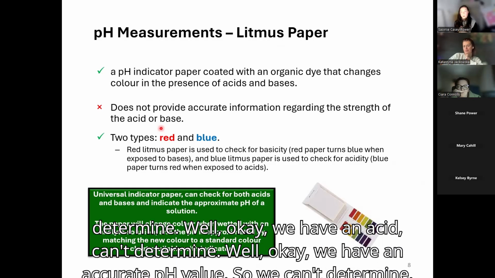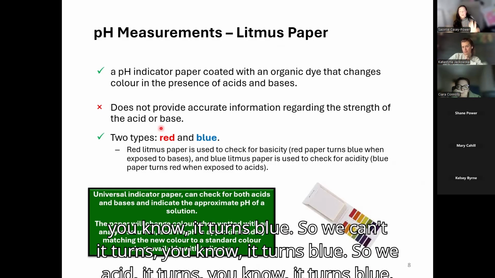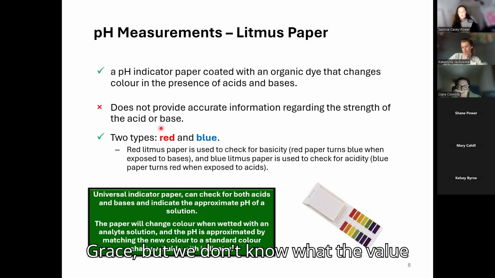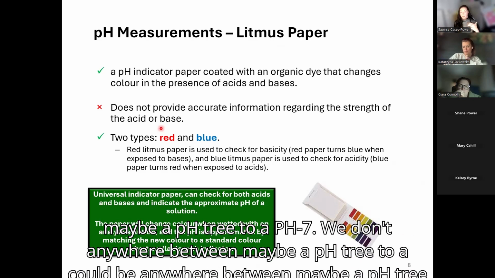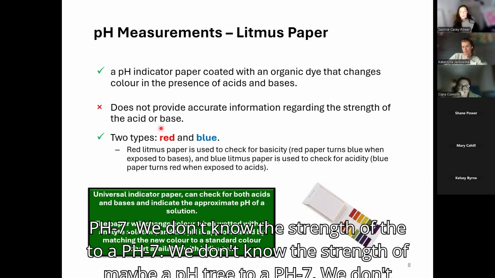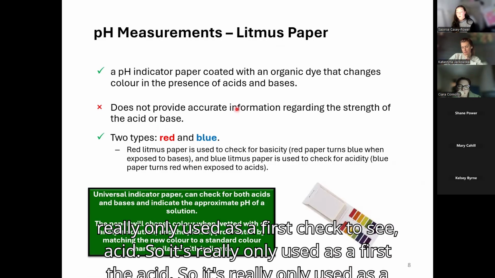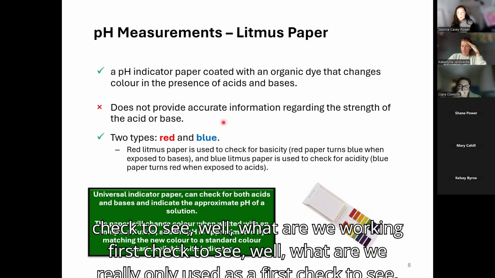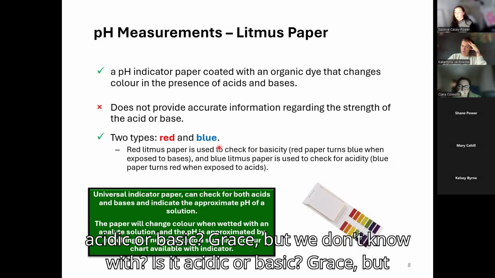We have an acid, it turns blue, great, but we don't know what the value is. It could be anywhere between maybe pH 3 and pH 7. We don't know the strength of the acid. So it's really only used as a first check to see what we're working with. Is it acidic or basic?